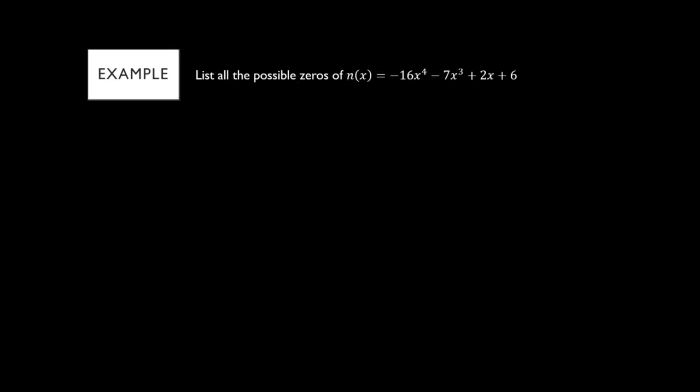Okay, we've got another one here, and again, I was just copying and pasting my directions, so for each of these I missed the word rational zeros. So we have n of x equals -16x to the 4th minus 7x cubed plus 2x plus 6. So p comes from our constant.